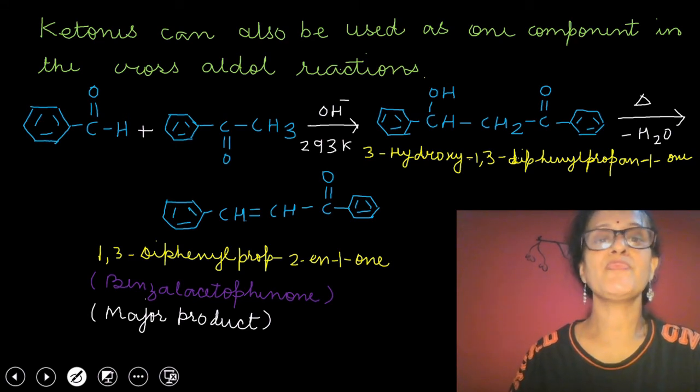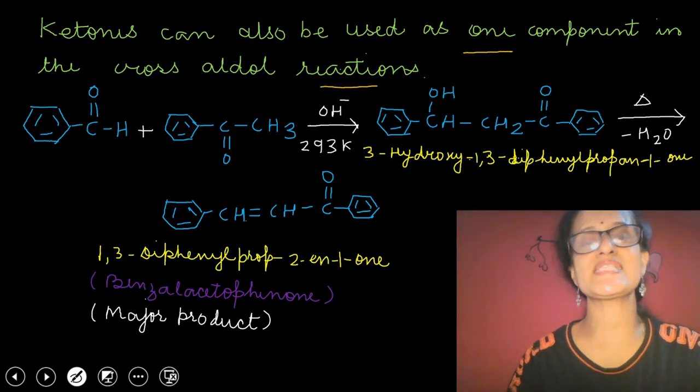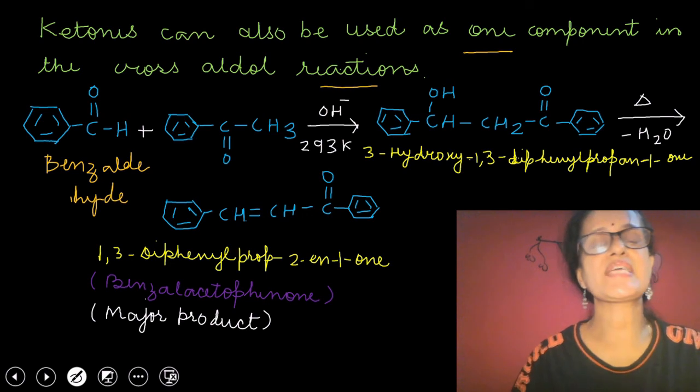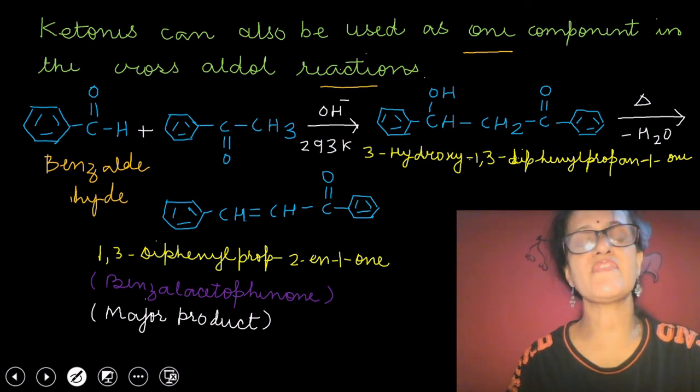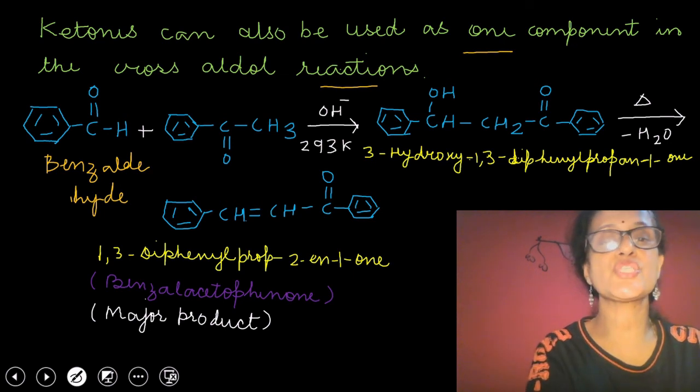Now one more important point. Ketones can also be used as one component in the cross-aldol condensation. The first reactant is benzaldehyde, which doesn't have any alpha hydrogen atom, and the second reactant is acetophenone, which consists of alpha hydrogen atoms. So this is acetophenone, C6H5COCH3.